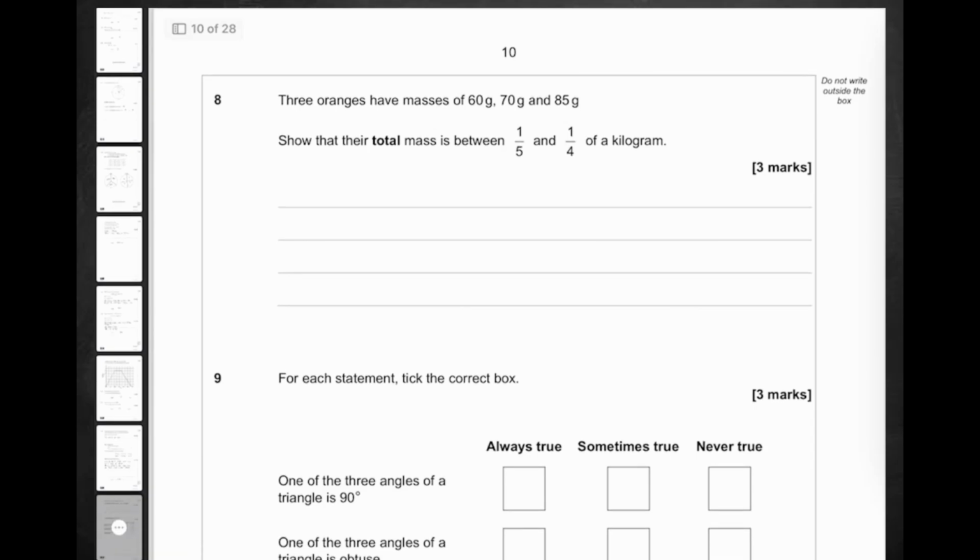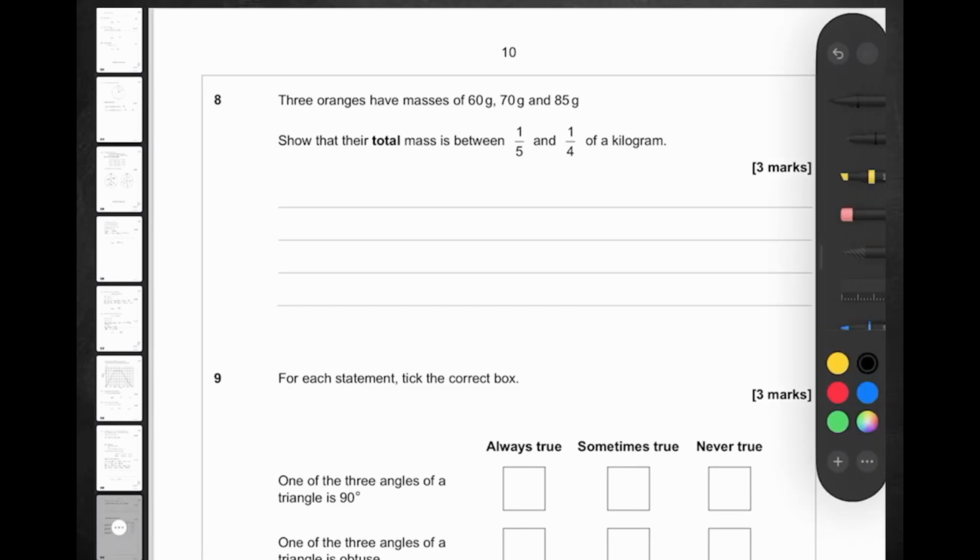Question number 8. 3 oranges have masses of 60, 70, and 85 grams. Show that their total mass is between 1/5 and 1/4 of a kilogram.